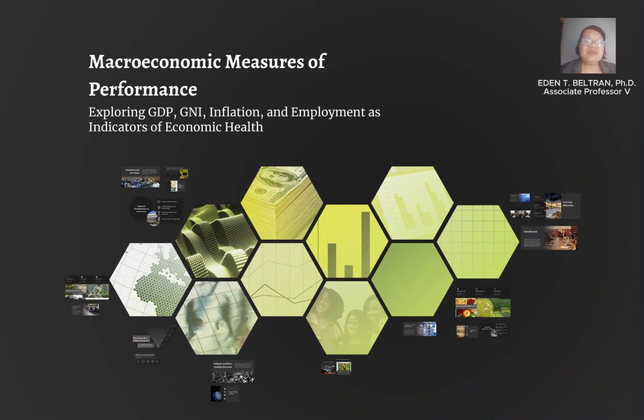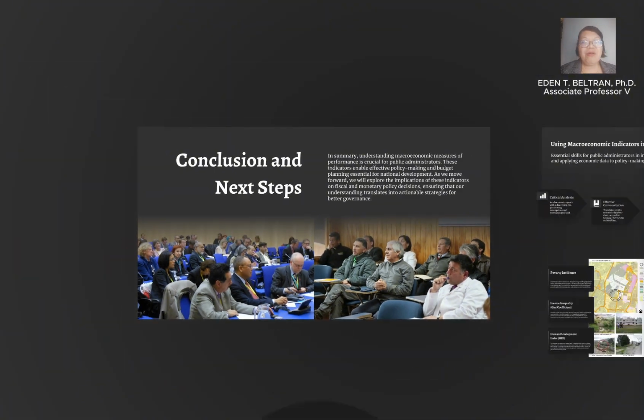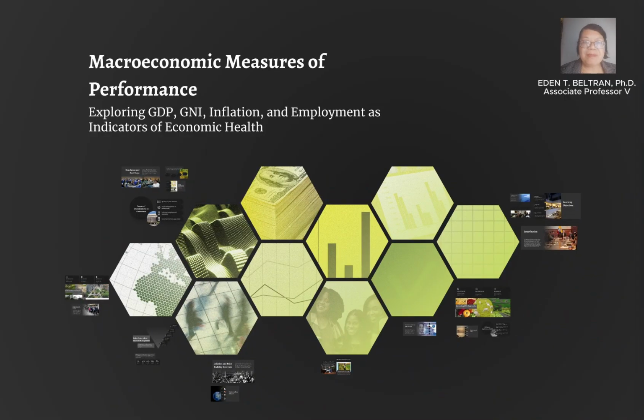Good numbers with poor lived experiences is an accountability problem. So, for example, there is a growth rate, but the quality of life of the people is filled with problems, like crimes or dissatisfaction or brain drain.